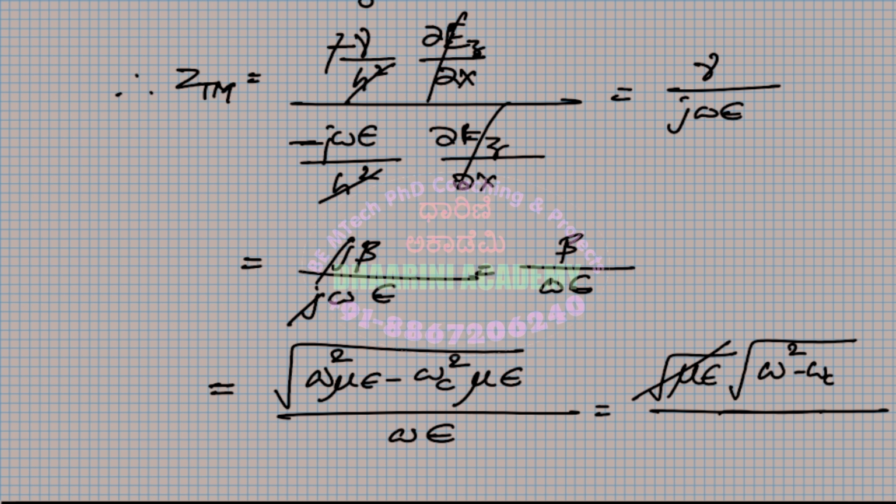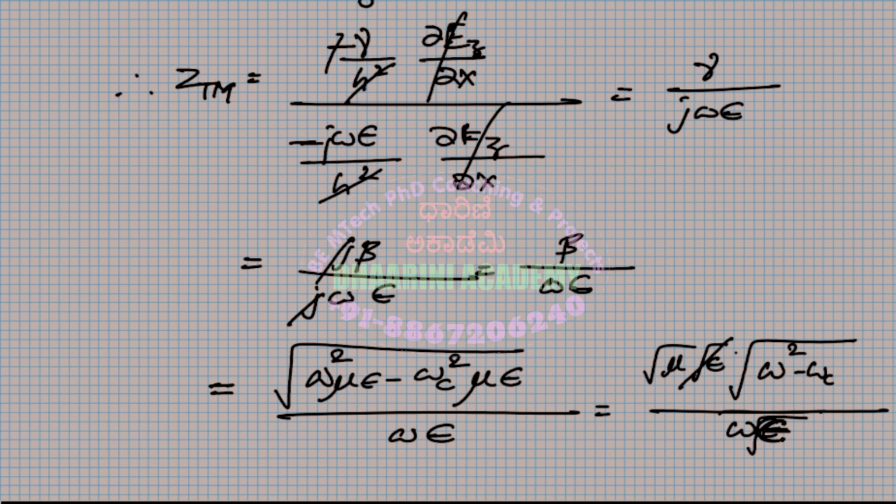Epsilon can be cancelled, but I cannot cancel the omega. So right now I have omega into epsilon, out of which I'm able to cancel. I'll correct. This I cannot cut as a whole. I'll split and write. So I will write this as root of mu into root of epsilon, out of which root epsilon cancels with the root here. So whatever term you have in the denominator, you get a root for. Okay, root of epsilon.